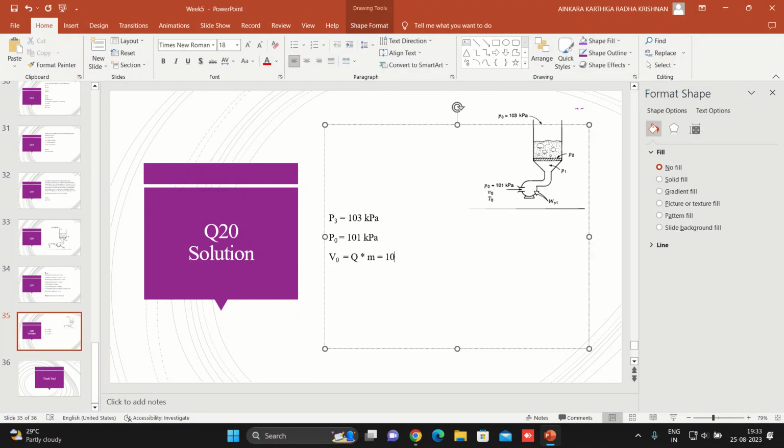10 meter cube per kg into 8000 kg per hour. On converting this into seconds, 1 divided by 3600.